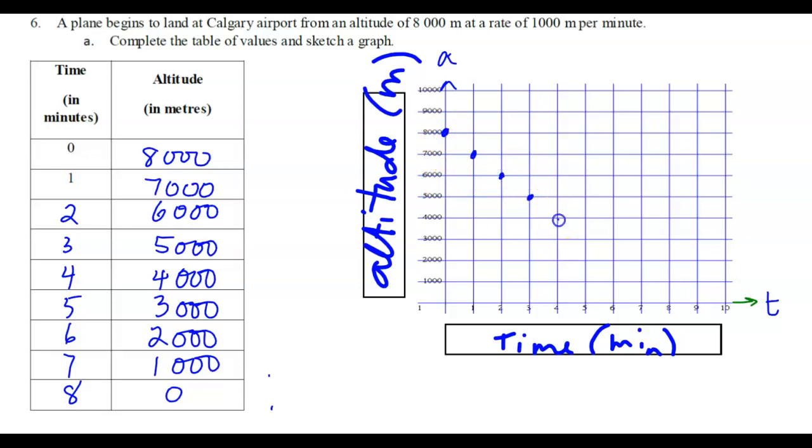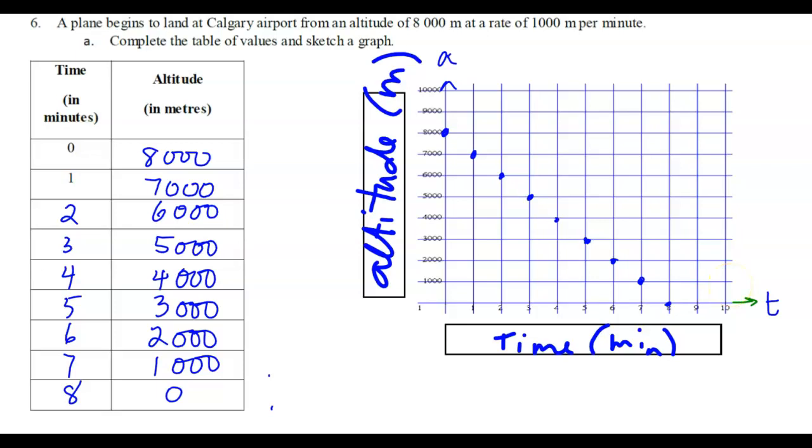So you'll notice they form a straight line. So this is a linear relation. Now in real life, when the plane lands, it's going to curve, sort of go a little bit gradual. This looks like it's going to just basically crash onto the ground there. So it would be gradual, but this is a good approximation.